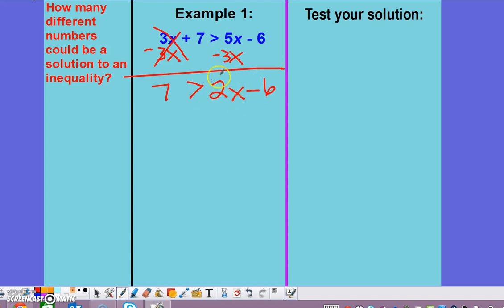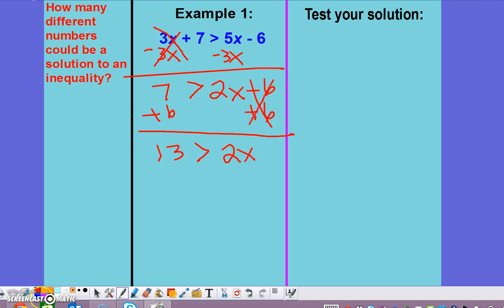I have my variables on one side, so I need to get my non-variables on the other. I'm going to add 6 to get rid of the minus 6. Do that to both sides. Combine this, I get 13 is greater than 2x. My 6's cancel.